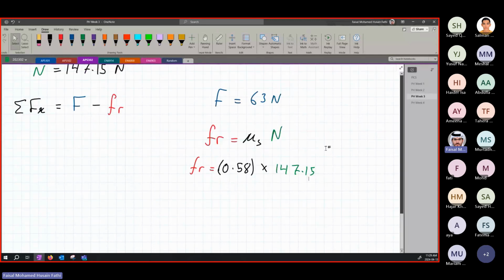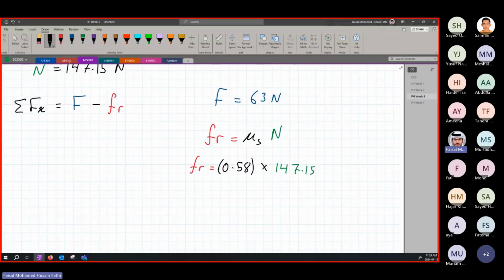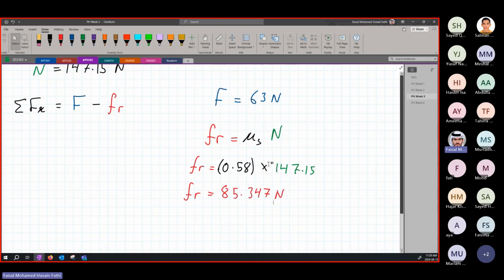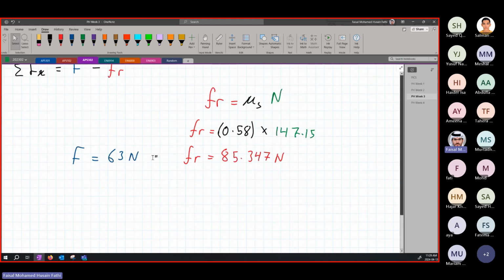If we plug this into the calculator, our friction force is 147.15 times 0.58, which is 85.347 newtons. If we compare this to the force being applied, the friction force is larger than our force.